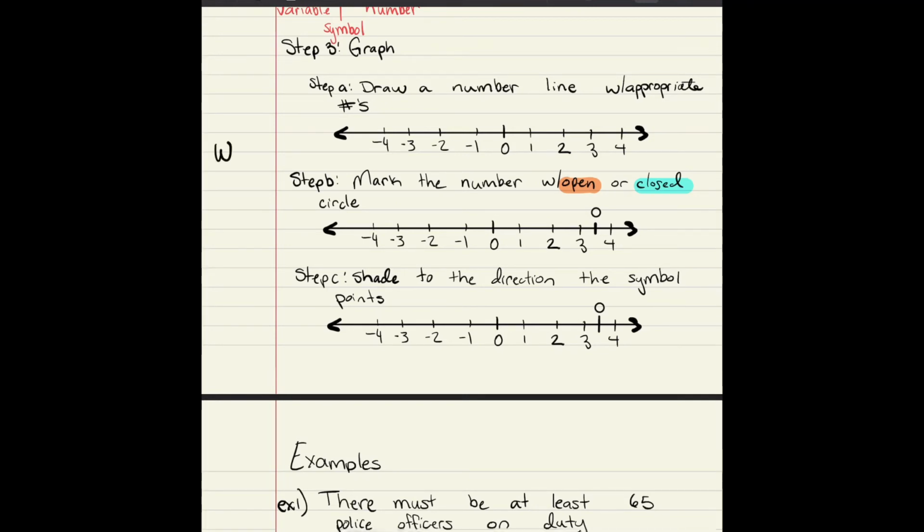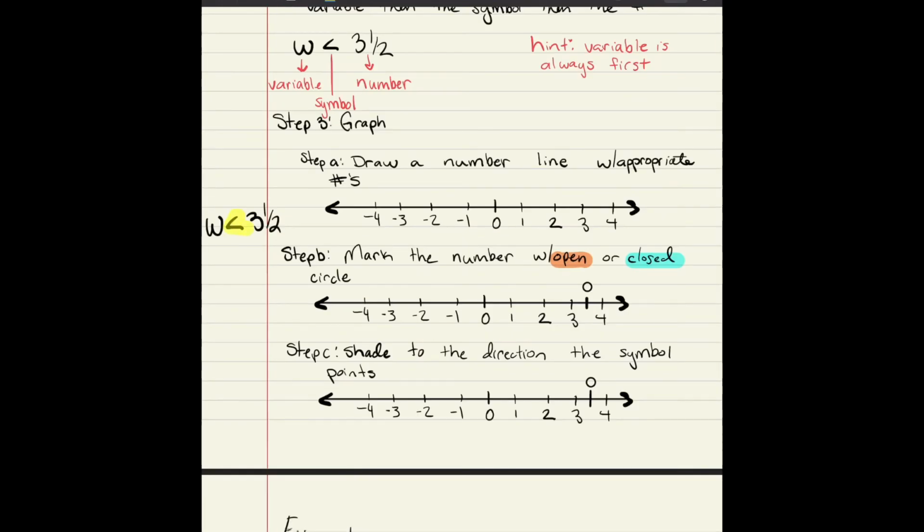It's W is less than 3.5. So whichever direction the symbol is pointing, which in this case, less than is pointing to the left. See? It's like its own arrow pointing to the left. We're going to shade in or draw a line to the left.